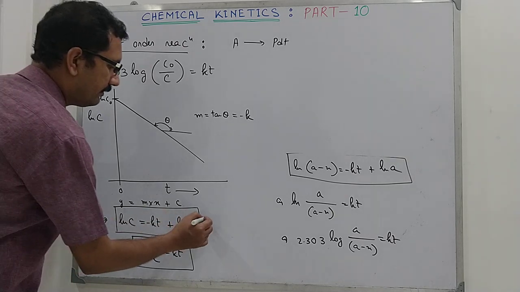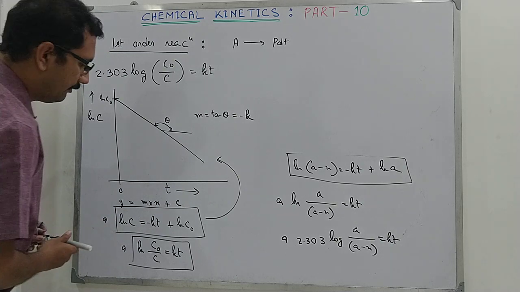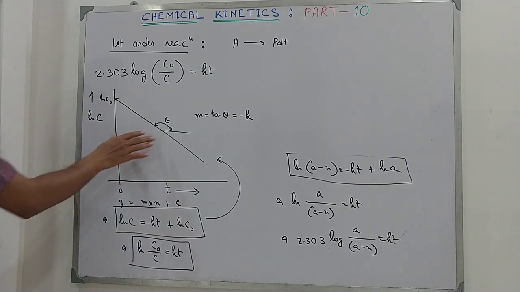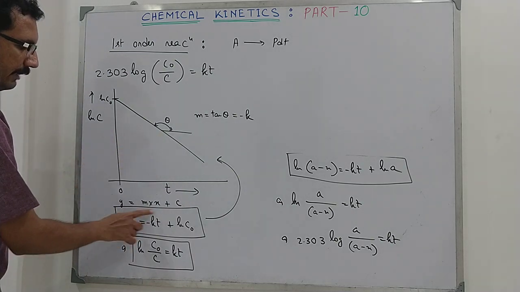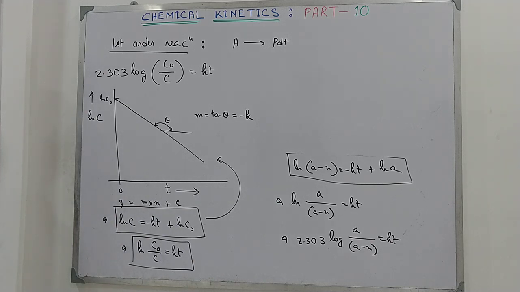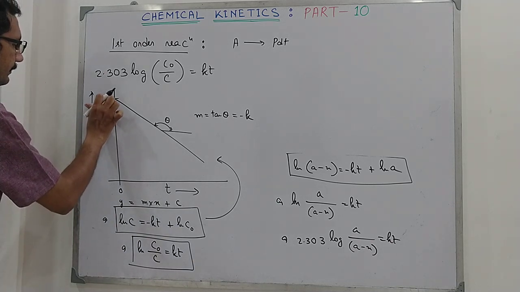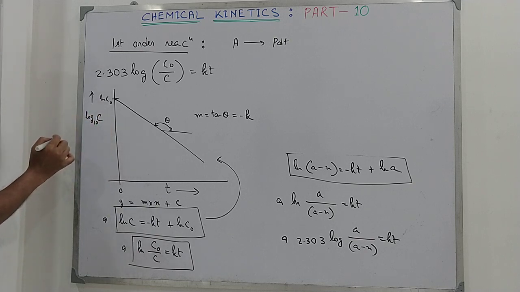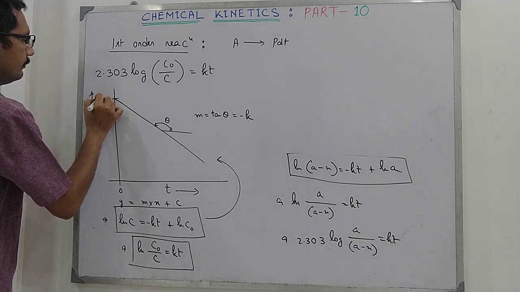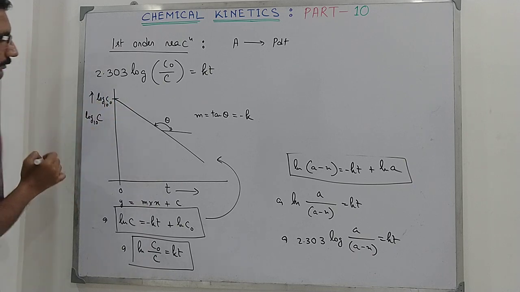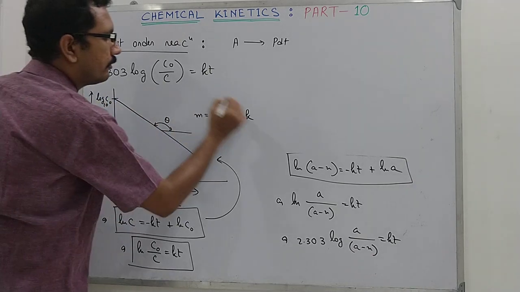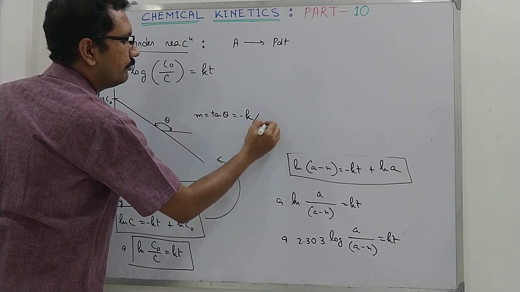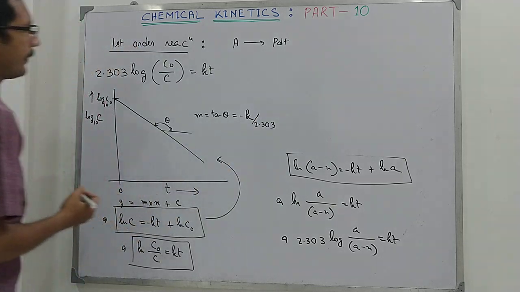So when you use this equation, it will give you a straight line with a negative slope, and from the slope you can have the value of the rate constant for the reaction. Now if you replace it with log 10 base, in that case, the slope will be minus k by 2.303.